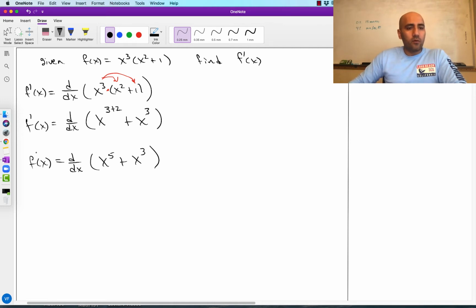And now we have a derivative of something that we can easily do based on the rules we already know. We know that if we have terms being separated by additions or subtractions, we can separate it. So this would become the derivative with respect to x of x to the 5th power plus the derivative with respect to x of x to the 3rd power, like that.